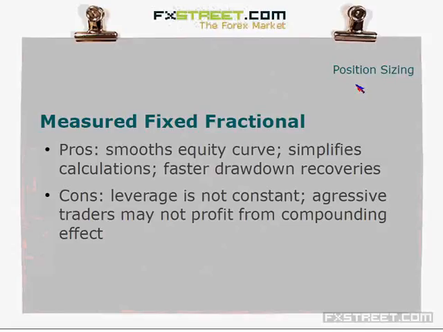It also allows faster drawdown recovery, because you are not reducing your position size after each loss. You only reduce it if you go beyond the fixed measure. Then you recalculate. If not, you maintain the same position size, and that helps to recover faster from a drawdown.